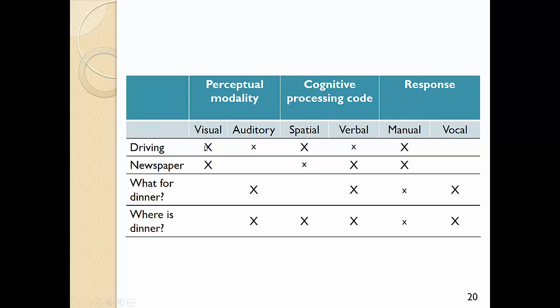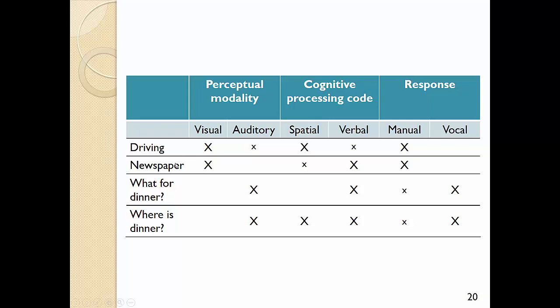So let's say driving is going to require mostly my visual sensory channel, mostly my spatial processing, but a little bit of auditory and a little bit of verbal because I'm reading signs and I'm listening for things like sirens around me and car engine noises. The way that I control this task is only manual responses. I'm only using my hands and feet to control the vehicle. I'm not using voice recognition to control the vehicle.